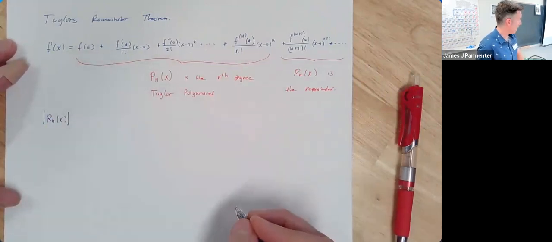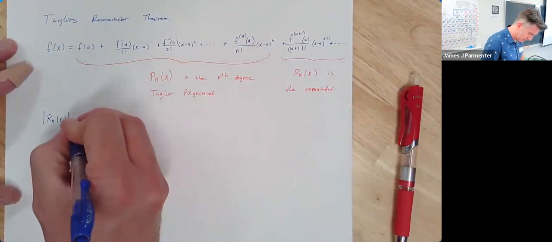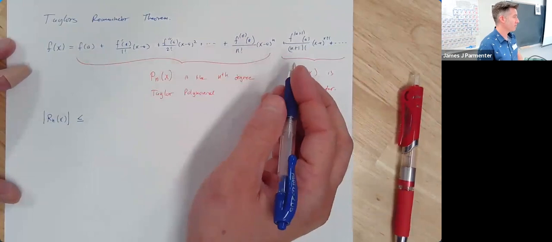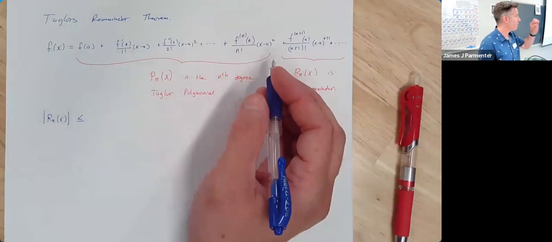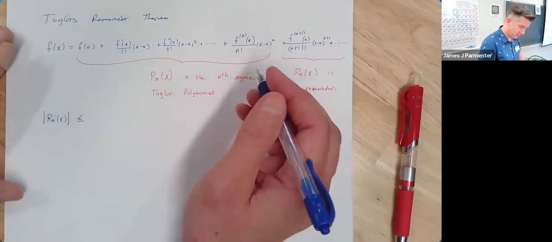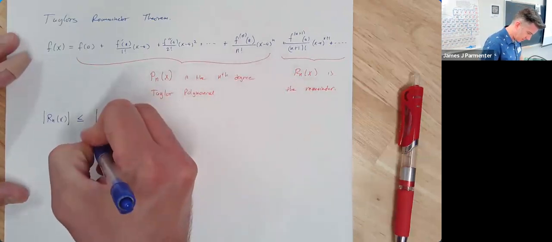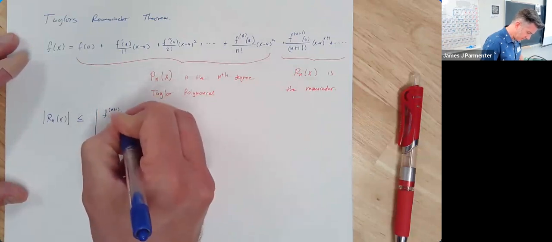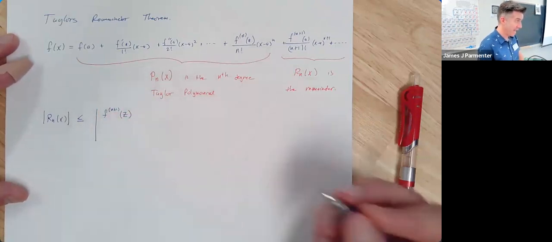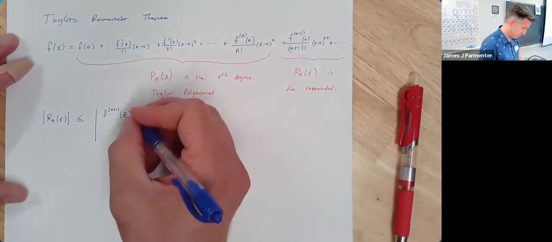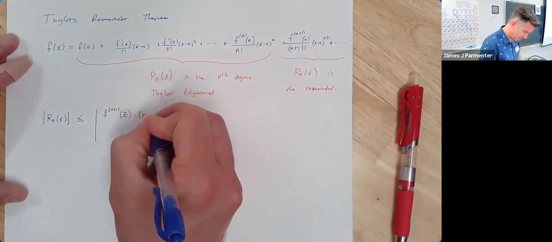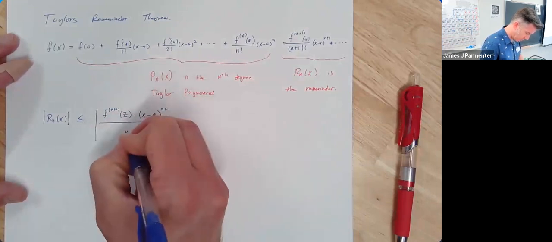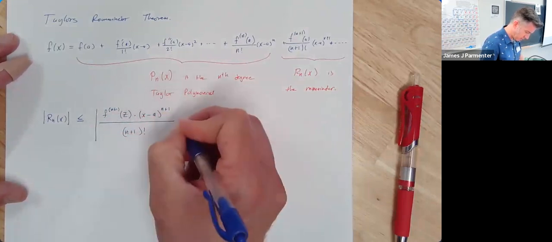Whatever they add up to in absolute value is essentially what I think of as the first term of this, but with a very, very small difference. The difference is this: I'm going to write the absolute value of the n plus 1 derivative at some z value, not a, times x minus a to the n plus 1 power divided by n plus 1 factorial.